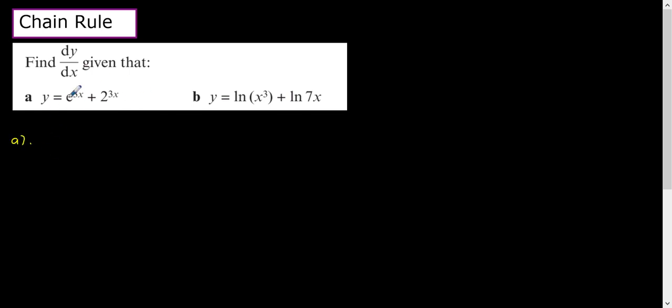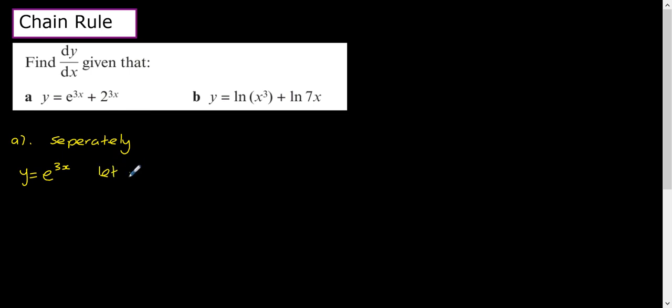y equals e to the 3x plus 2 to the 3x. I'm going to treat these separately first. So I'm going to separate them, and I'm going to start with y equals e to the 3x. I'm going to differentiate those separately and then add them together at the end, which is what we do anyway.